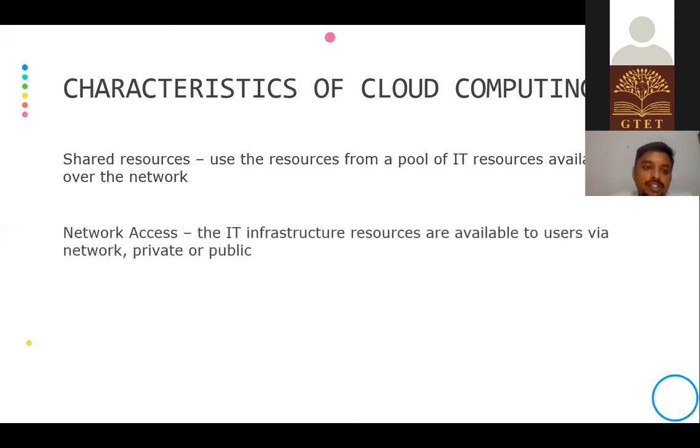The second characteristic of cloud computing is network access. The assets that you have with respect to computer hardware and software, in terms of IT resources, should be available to end users via a network. A network could be private or it could be public.